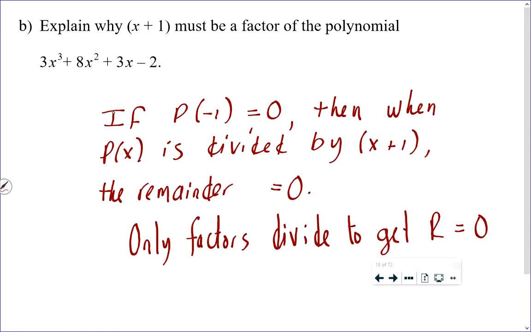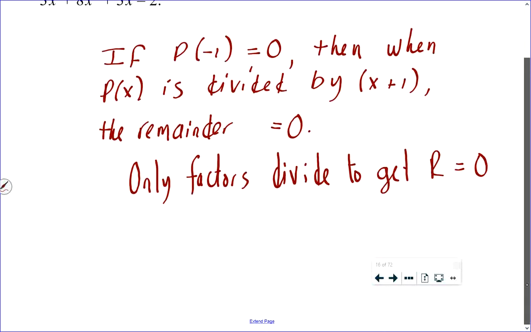So if you can find a value of x, this is kind of how we're going to be factoring in a way. If you can find a value of x that makes a polynomial equal to 0, then you will have found a factor of the polynomial. Now be aware, this only works for factors. I don't even think I want you to write this down, but we're talking here about factors of this form.